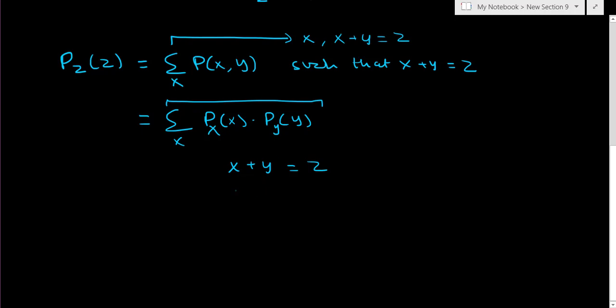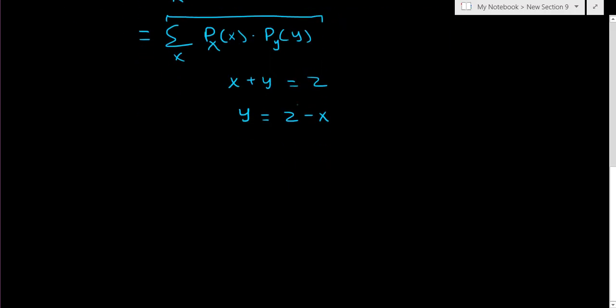Okay, so the way I will do that, the elimination of y is done using this equation. I know x plus y is equal to z. So basically y is equal to z minus x. Okay, so that is something I know. Now y is equal to z minus x, so I can write this function as the marginal probability function of x at x into the probability function of y at z minus x.